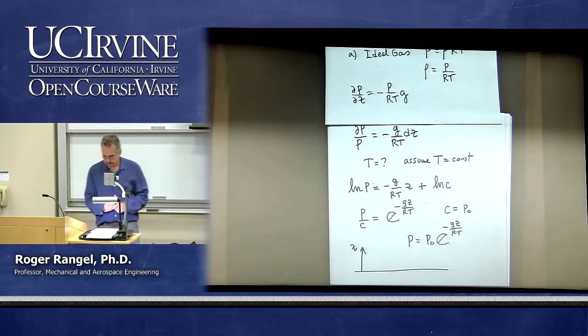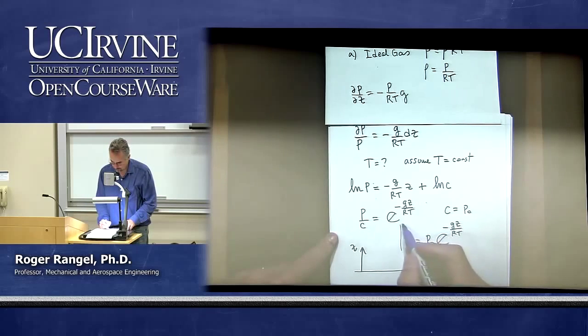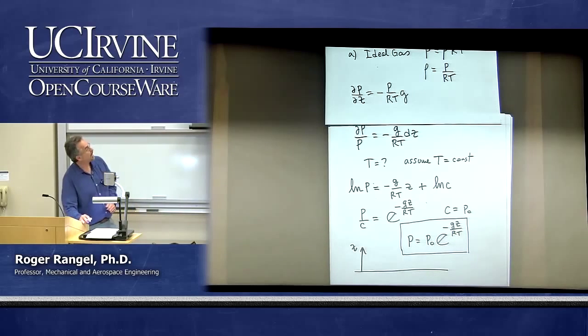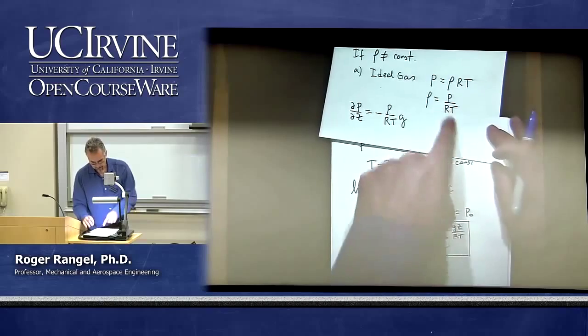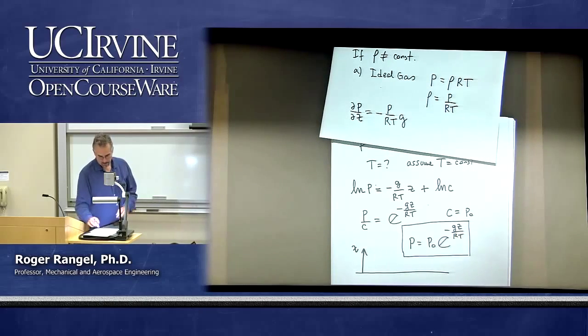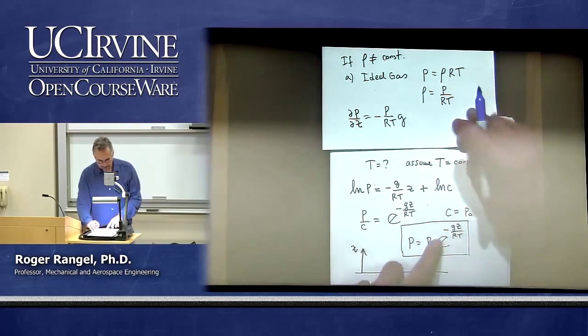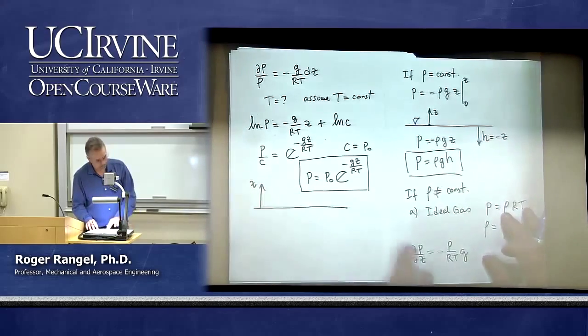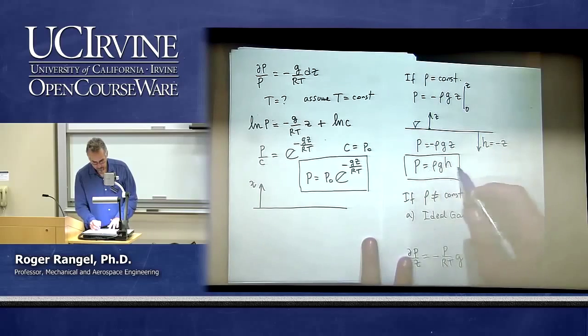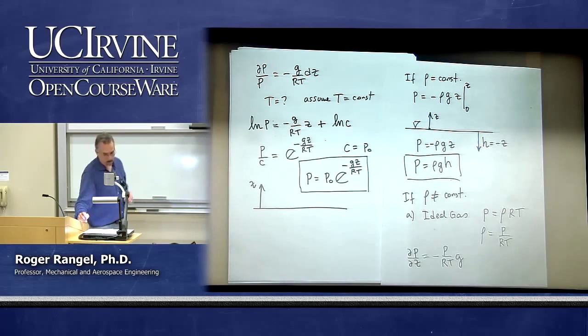So that's another solution. Here is a solution for a problem in which the density varies according to the ideal gas law, but the temperature is assumed to be constant. Compare that to the previous result here, which was the solution when the density is assumed to be constant.